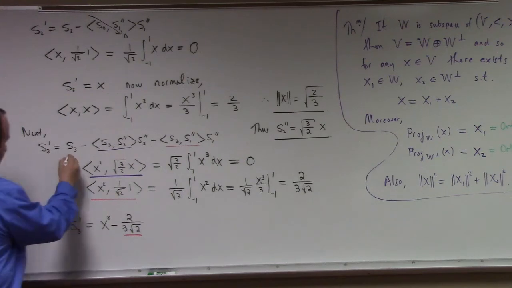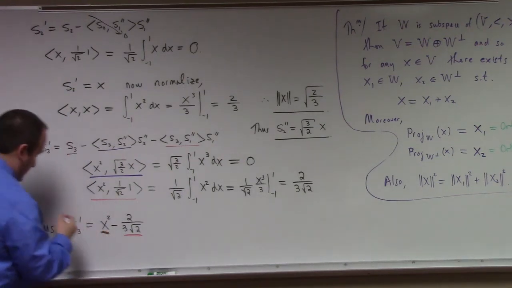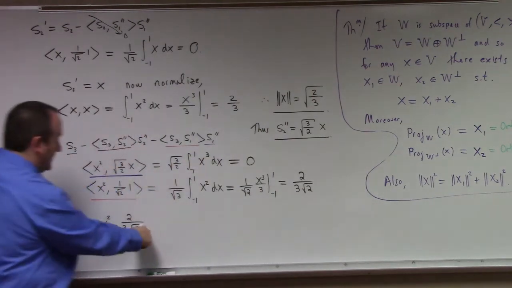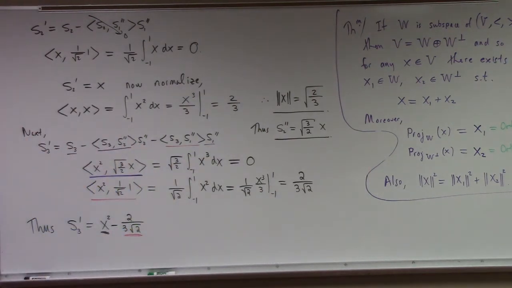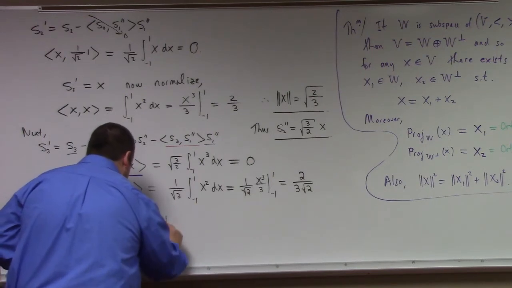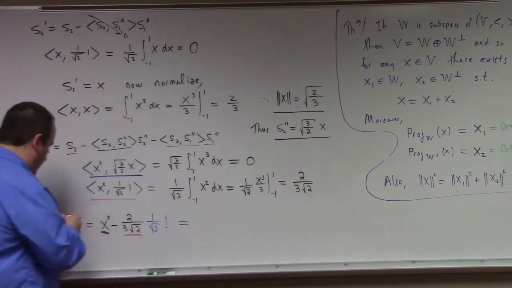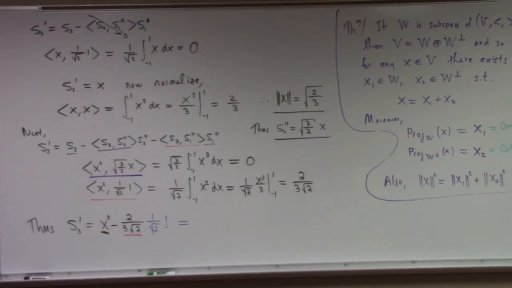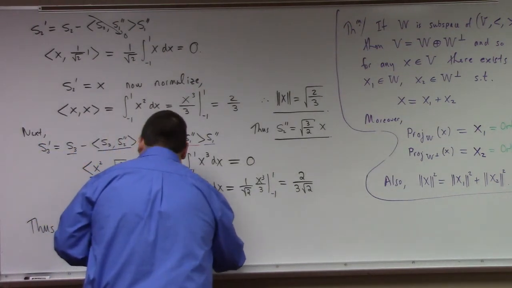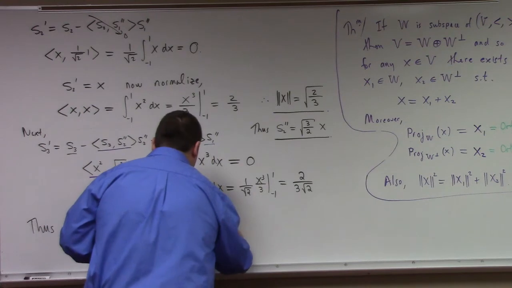So again, this S3 was my x squared, and the S1 prime prime, I'll write here next, which was what? 1 over root 2 times 1, right? So let's see here, what is S3 prime? S3 prime for me looks like, oh, the 2's cancel, that's nice. So we get x squared minus 1/3.